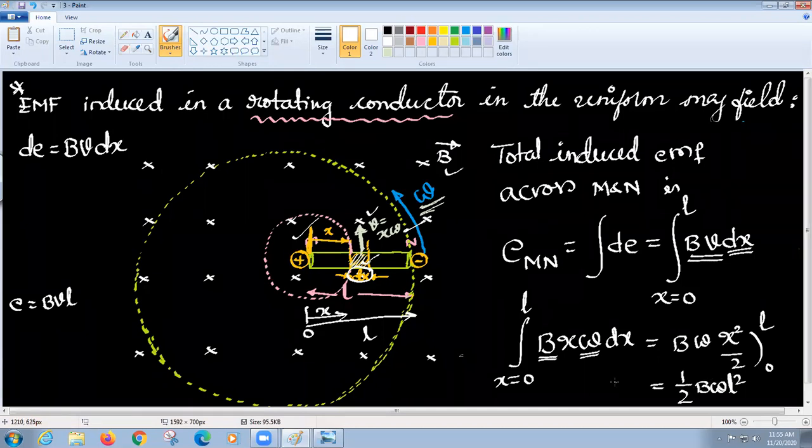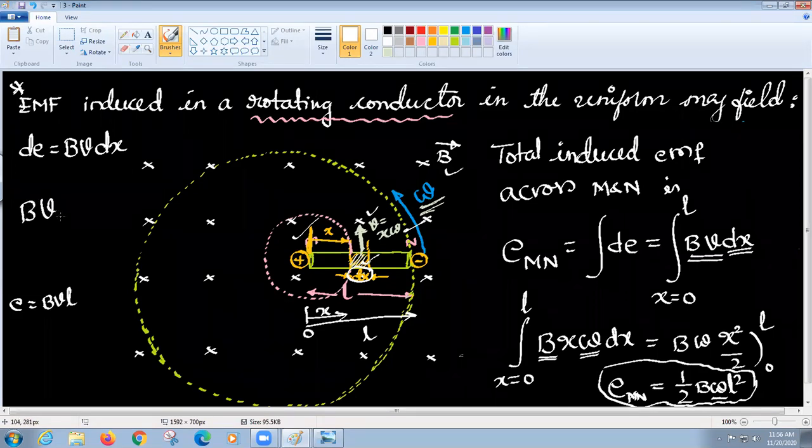So the total induced EMF is half B omega L square. It's not only dependent on the length L of the conductor, but also dependent on this omega. In this case, you can understand something. If you have a straight conductor that is not rotating, you have to be satisfied with only BvL.